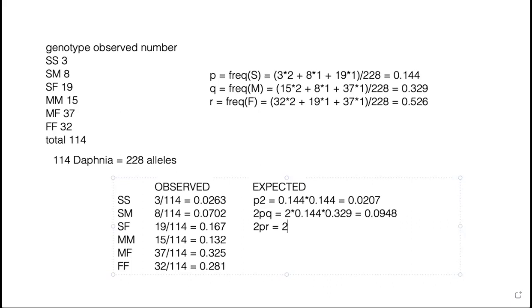And 2PR is 2 times 0.144 times 0.526, which equals 0.151.